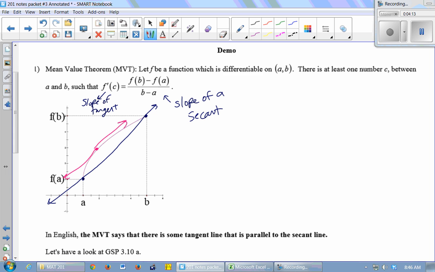That is a terrible picture. Sorry. Is parallel to the secant line. Draw that a little bit better. Maybe it's like here. That's a little bit better. So does that make sense? So in English, the mean value theorem says that there is some tangent line that's parallel to the secant line.